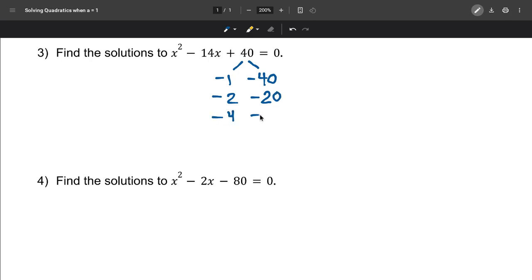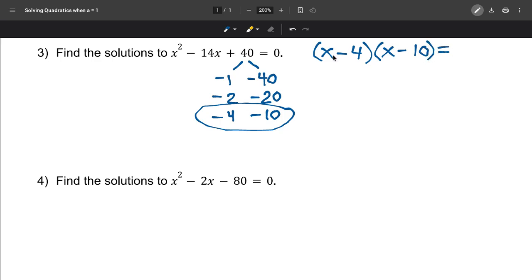And once I list those out, I realize, oh yeah, those two numbers, they'll add to negative 14. So I want to select those, and I want to write my factored form as x minus 4 times x minus 10. And that still equals 0.